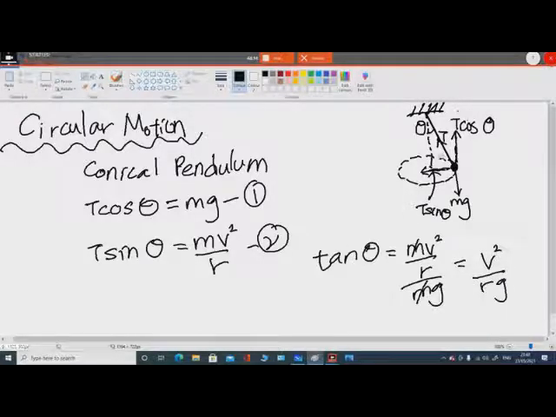So this is how we find the angle of a pendulum undergoing circular motion. From this formula we are able to find the angle, or we can find the linear velocity of the bob after the derivation.